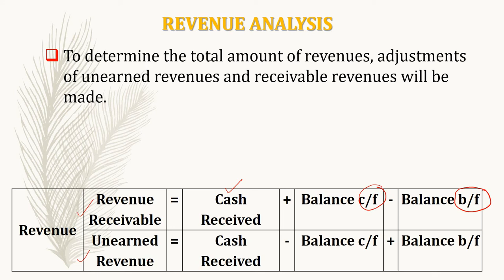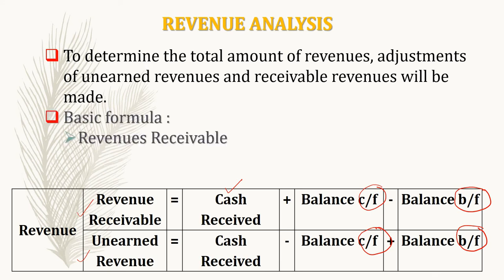But if we are finding our unearned revenue, we'll take our cash receipt and minus your ending balance of unearned revenue, and add our beginning balance of unearned revenue. Okay, this is if you are using the formula.